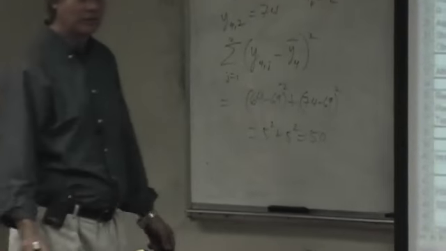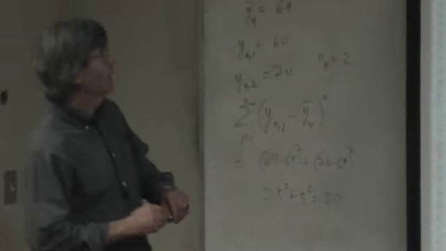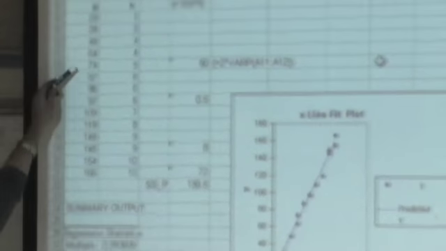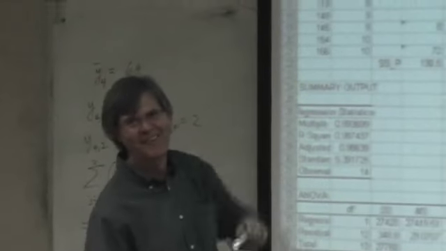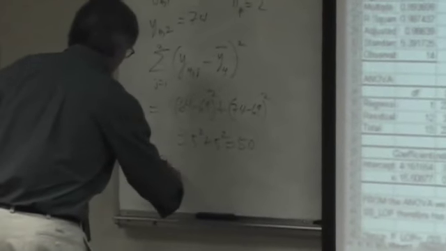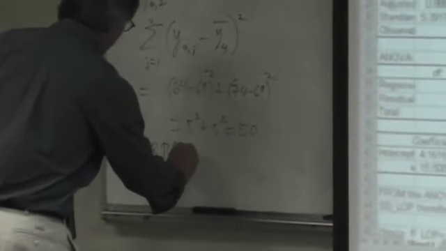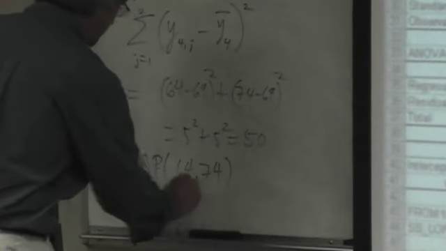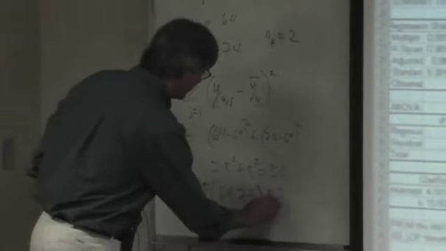Now, how did I get that with Excel? I take the population variance between these two numbers, 64 and 74, and multiply by 2. I have a list of two numbers, and then times 2, because the population variance divides by the number of numbers you stick in the formula.